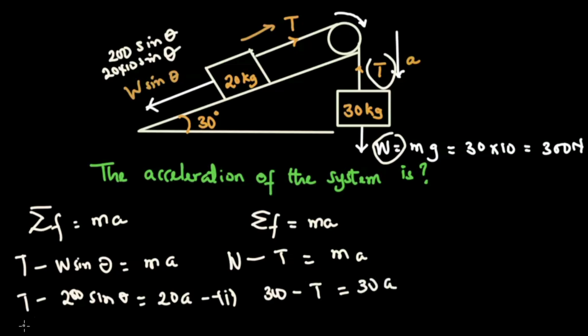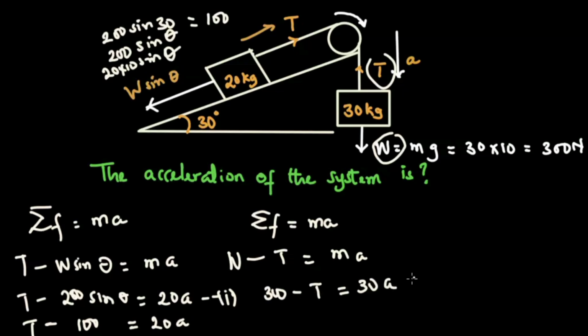Going back to equation 1, our theta is 30 degrees, so 200 sine 30. When you type that in your calculator, I have 100. So I have T minus 100 is equal to 20a.